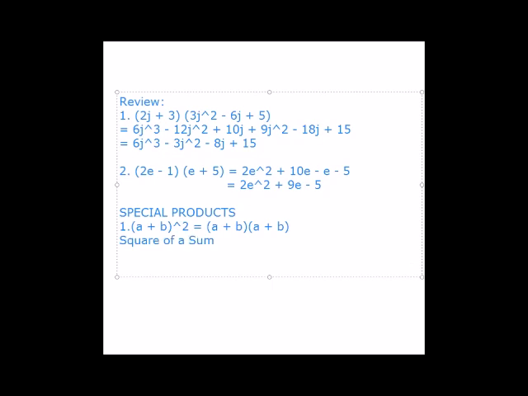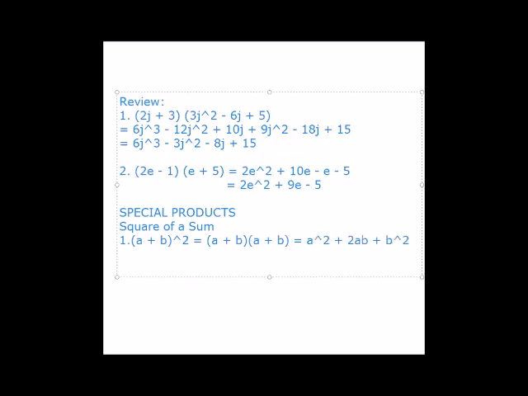If we have a plus b, can you give us the answer? We connect this to our previous lesson, multiplying binomials. So (a plus b) times (a plus b) is equal to, anyone can share the answer? Any volunteer? Yes. a squared plus 2ab plus b squared. Correct, good.